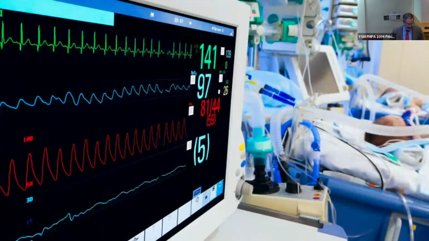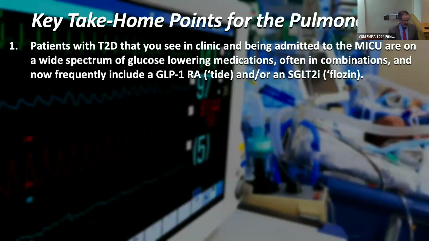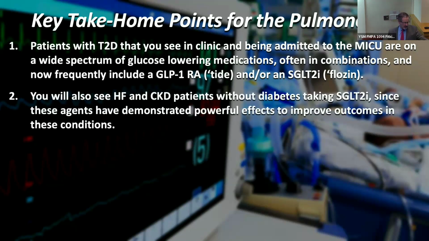So in terms of the take-home messages for the pulmonologist, and I'll wrap up and hopefully leave 5 minutes for some questions. Patients with diabetes that you see in your clinics and that you admit to your ICU are now on a wide spectrum of glucose-lowering medications, often in complex combinations, and now frequently including the GLP-1 agonists and the SGLT2 inhibitors.